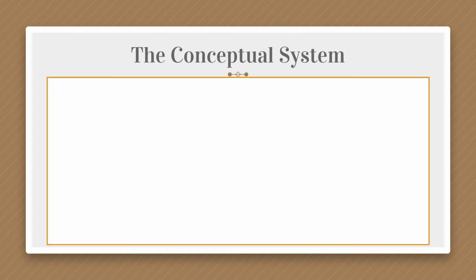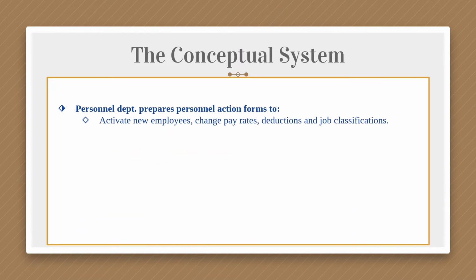Talking about the conceptual system of payroll, we start from the personnel department or the human resource department, which prepares the personnel action forms, covering activating new employees, changing pay rate, deductions, and job classification modifications. All of this will be in the personnel department. The second one is that the production employees file will have two forms.